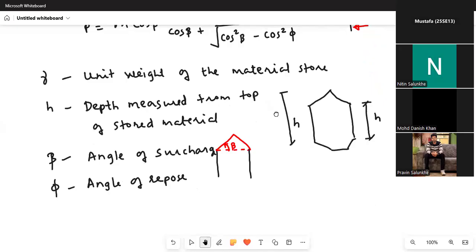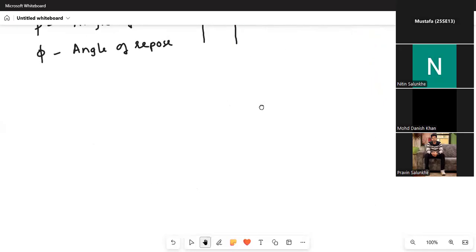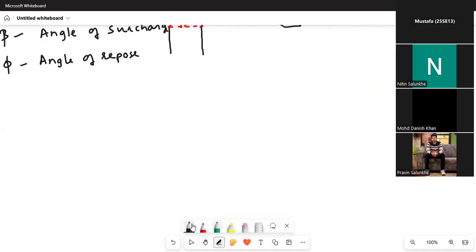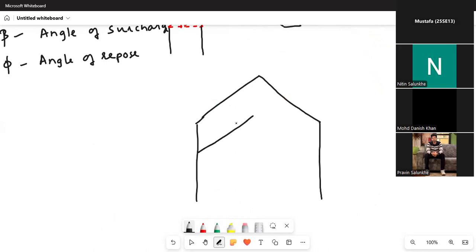Okay, next we have, see, this P is acting like this. This is your piling of the material, and this is your bunker. Okay, and P is acting in this way. But what we need is the horizontal force.